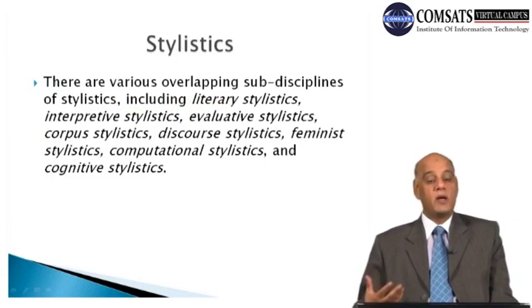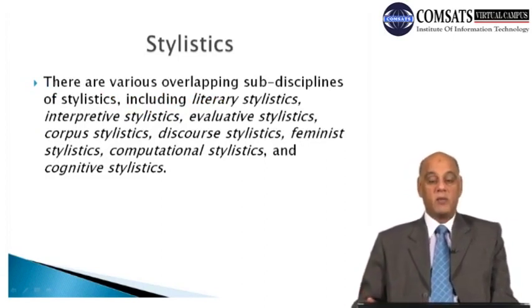Now, some of the disciplines and subdisciplines that are related to the field of stylistics could be literary stylistics, interpretive stylistics, evaluative stylistics, corpus stylistics, discourse stylistics, feminist stylistics, computational stylistics, and cognitive stylistics.